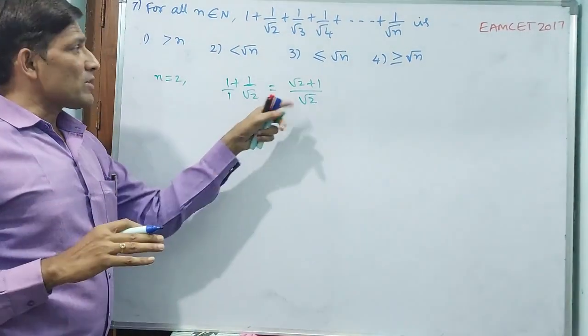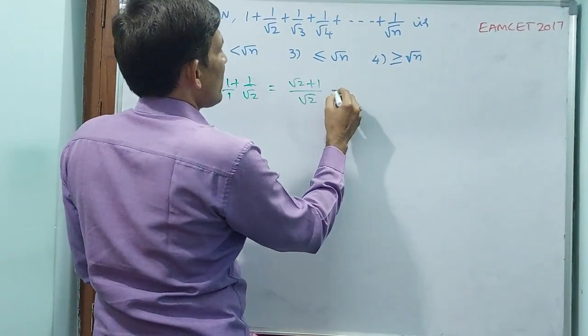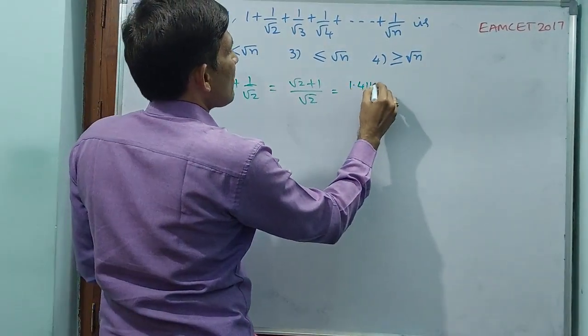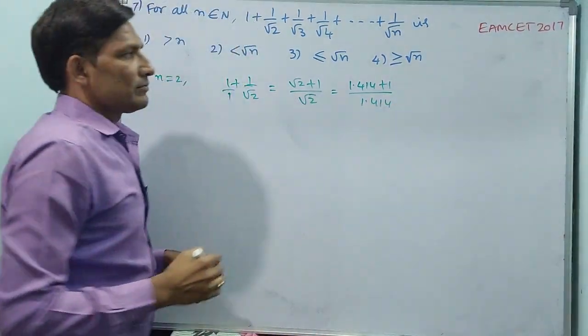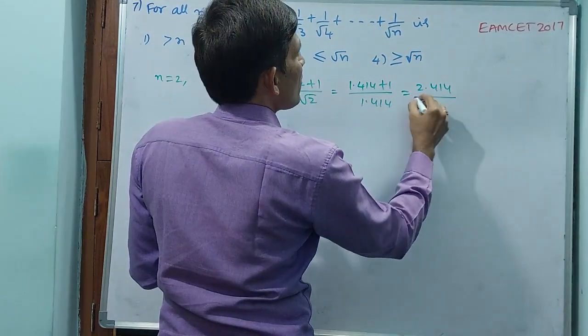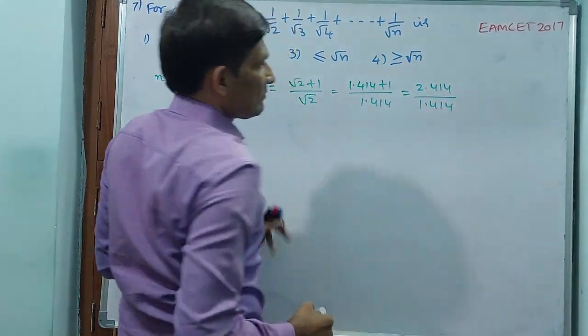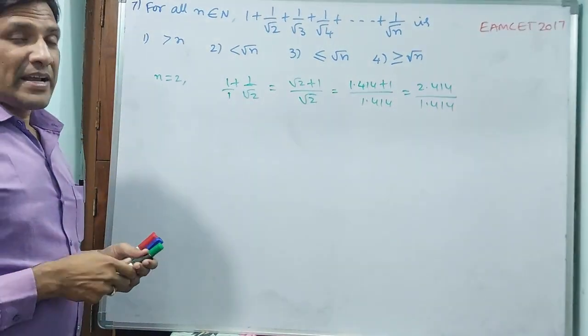We know the root 2 value very well: 1.414. 1.414 plus 1 by 1.414. See, 2.414 by 1.414. Calculate this and observe carefully what answer you are going to get.